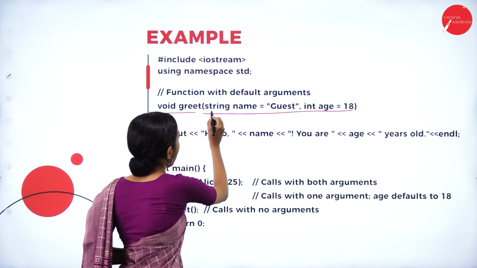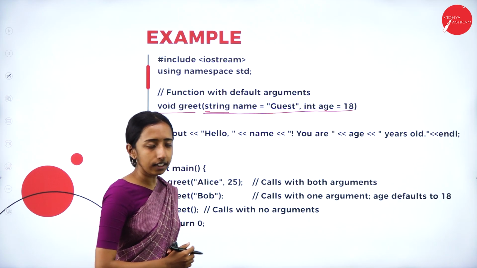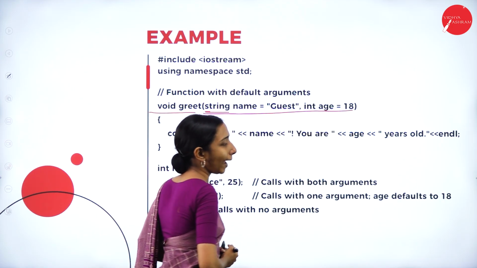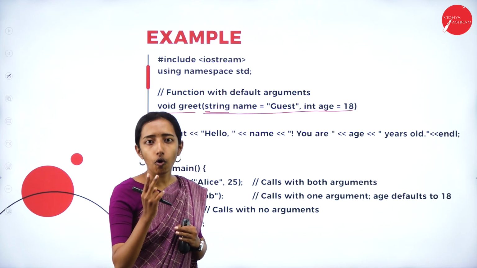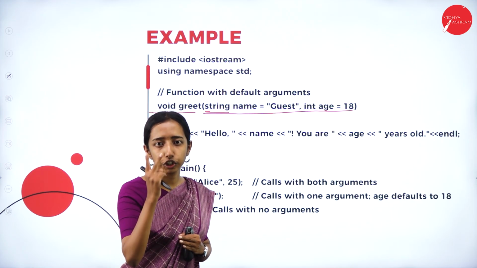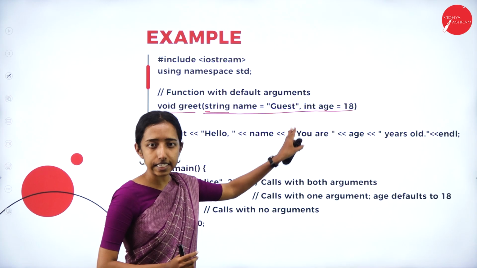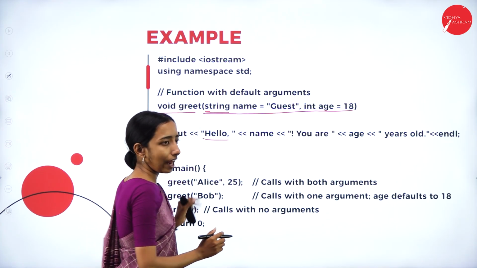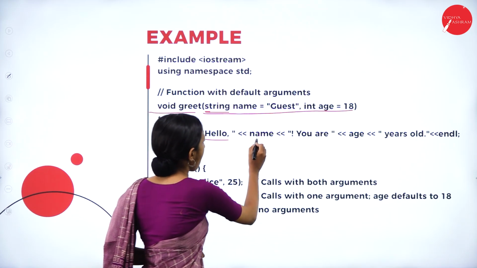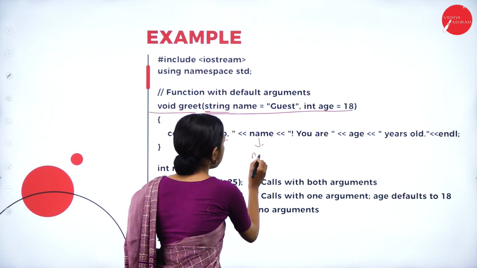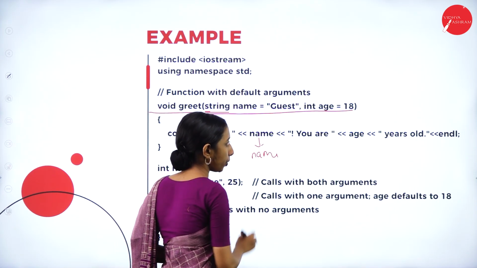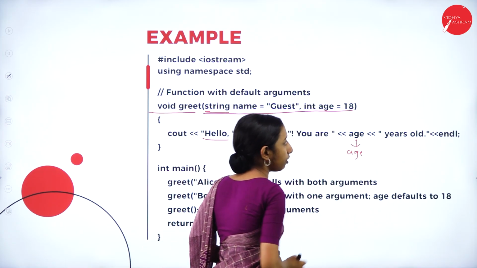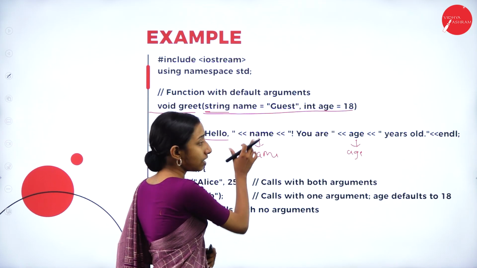I have taken a data type string, name guest, and int age equal to 18. So I am passing two parameters, a string guest and age 18. Next, cout hello in double quotes, and I am passing the name variable and also the age variable, which I have taken as default arguments.